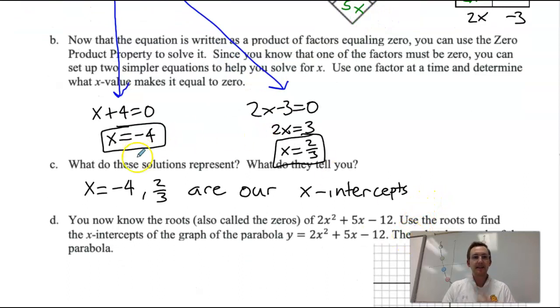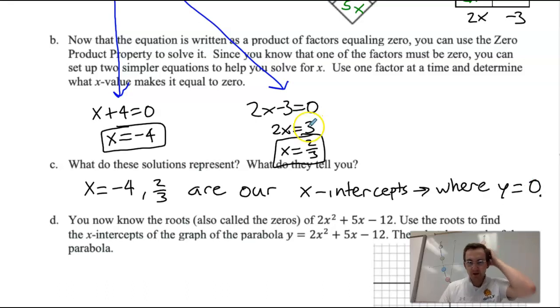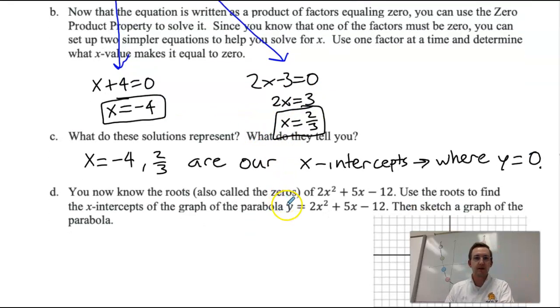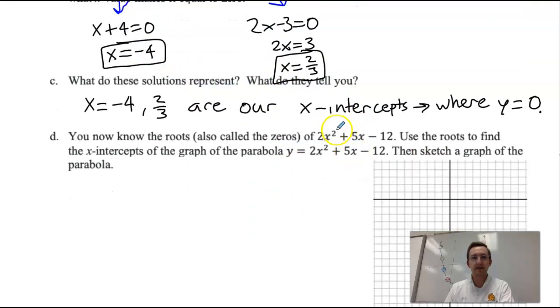Because again, that tells us where y is equal to 0. Wonderful. So again, we know those two x values are our x-intercepts.